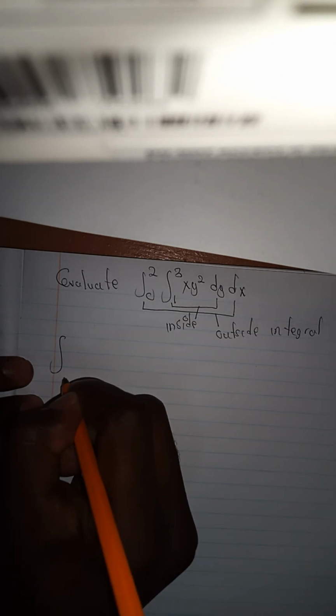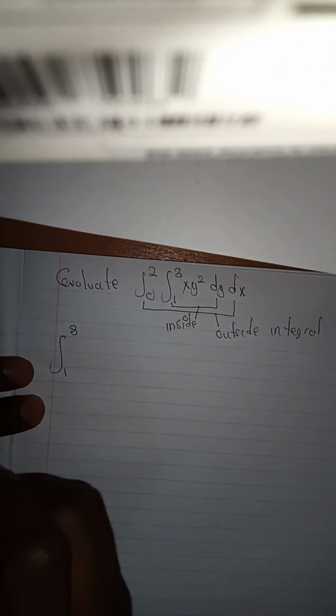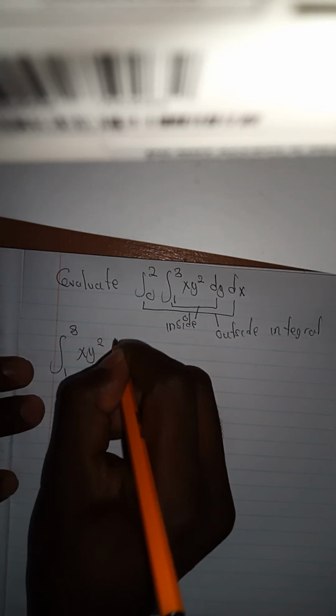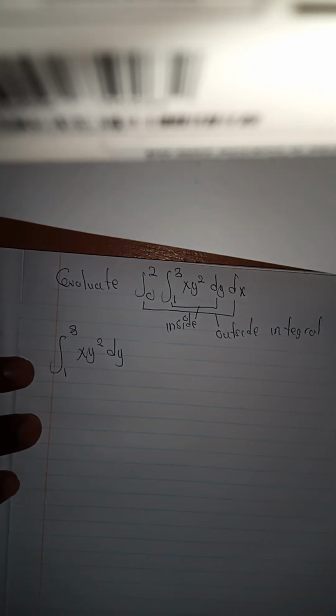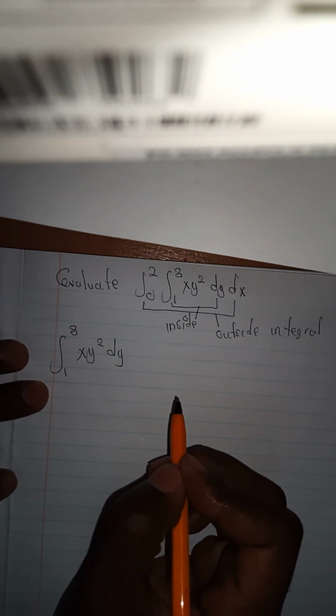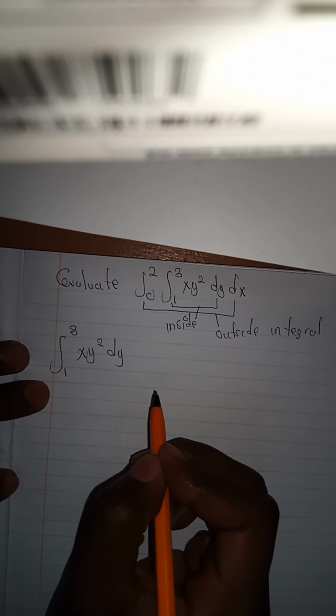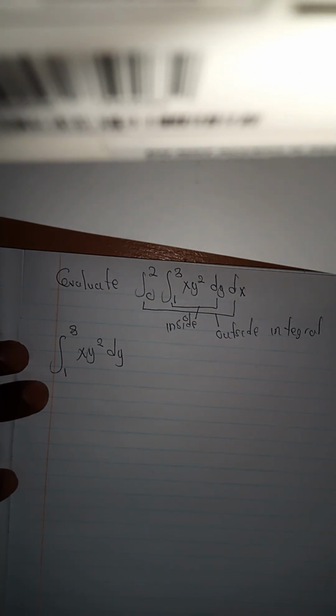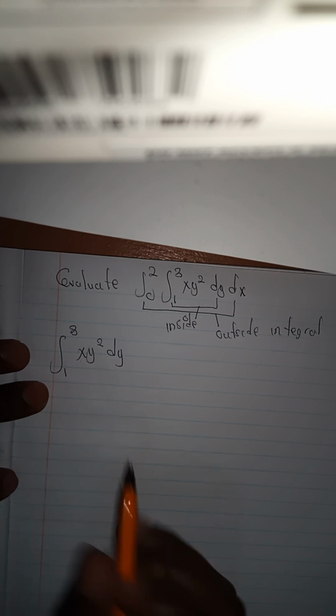The antiderivative with the limits ranging from 1 to 3, given the function xy squared dy. We have to find the antiderivative of the function xy squared. Then when we integrate with respect to y, it means we are going to keep x as a constant and then we integrate y squared.